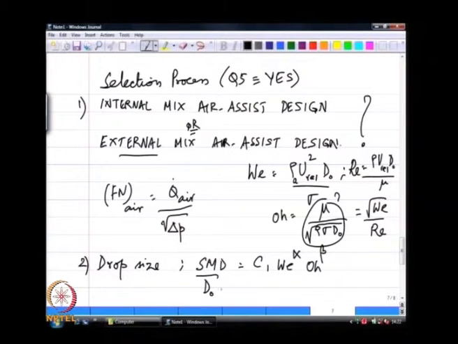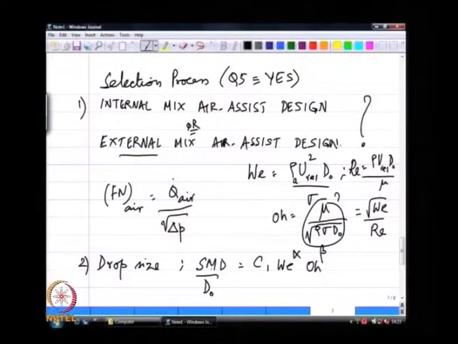So, I can use a correlation like this to figure out what air velocity I need, because I have fixed the flow number on the simplex side. The u relative is the air velocity minus the liquid film velocity, since air is usually moving faster than the liquid. Given an SMD that is desirable, I can find the Weber number for that given application, and from there calculate what u air would give me that Weber number.